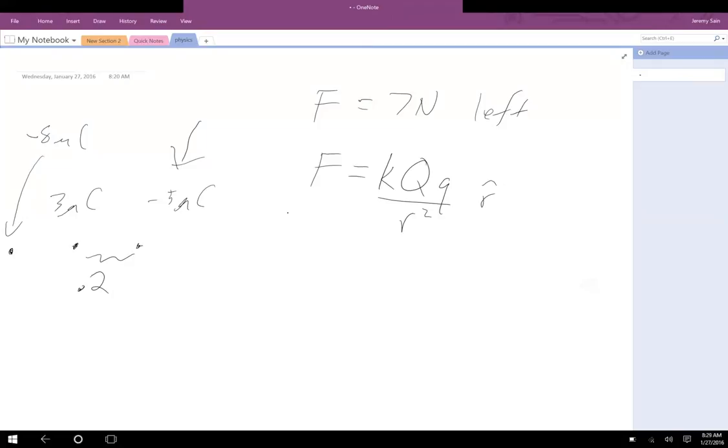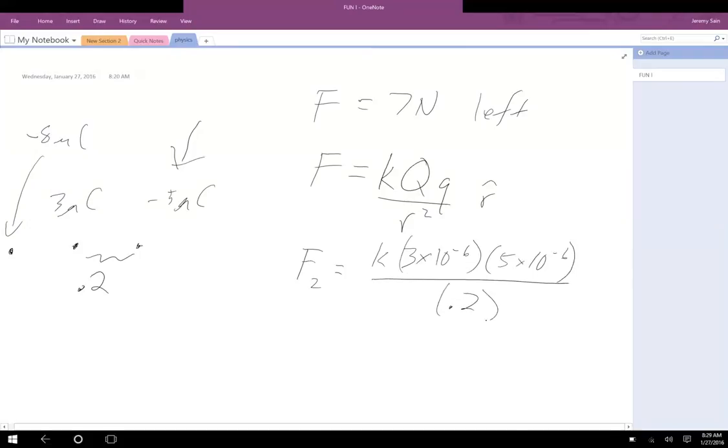So the force from Q2 is K times 3 times 10 to the -6th and then 5 times 10 to the -6th over 0.2 squared. And it's pulling to the right, right? So whatever that number is plus 7, that has to be what Q3 is pulling to the left.